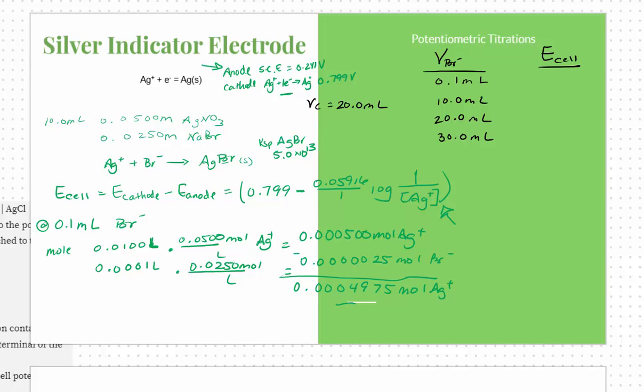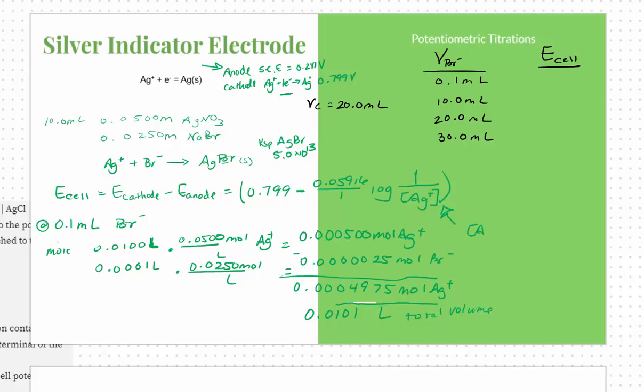So I need to take these moles of silver and divide by the total volume in liters. The total volume in liters at this point is 10 plus 0.1 milliliters, which is 0.0101 liters.